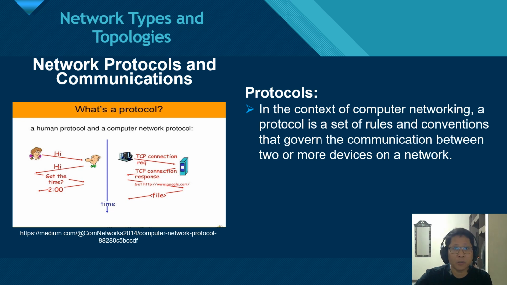Protocols define the format and order of messages exchanged between devices, as well as the actions to be taken when messages are received. Just like our example here. So this is a human protocol here, and this is a computer network protocol.